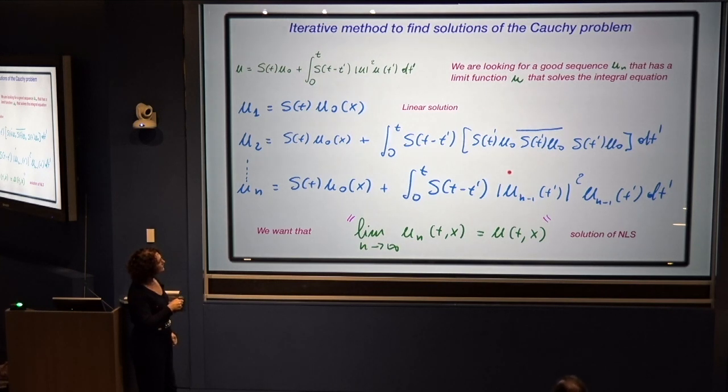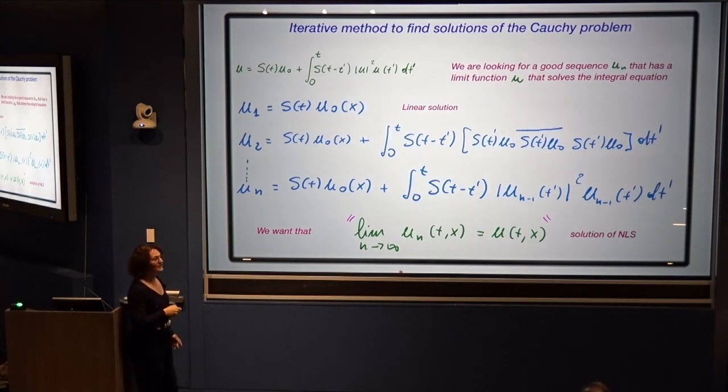And so that's why you see this tree function, because I'm developing the U squared U into U1 times U bar 1 times U1. And then you move on, and at step n, you have again the linear evolution, and then you plug in the previous one, Un minus 1 squared Un minus 1.